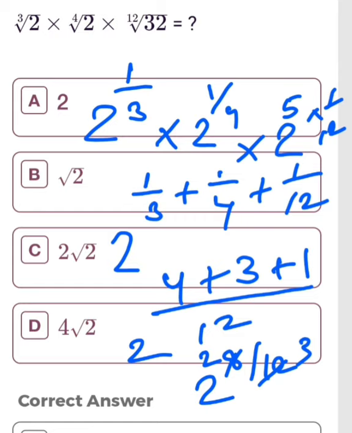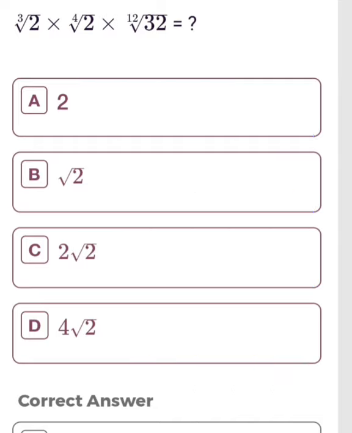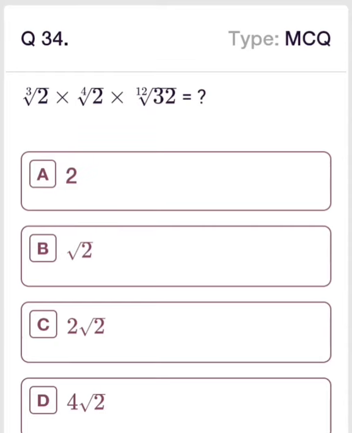Okay, so what we can write? 2 power 2 upon 3. What is the question? This is 2 power 1 upon 3. I can write like this.